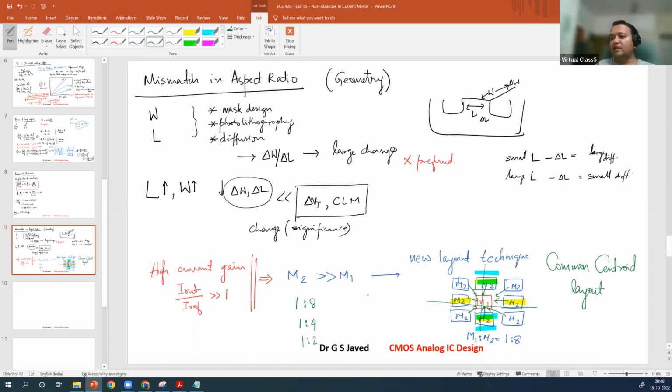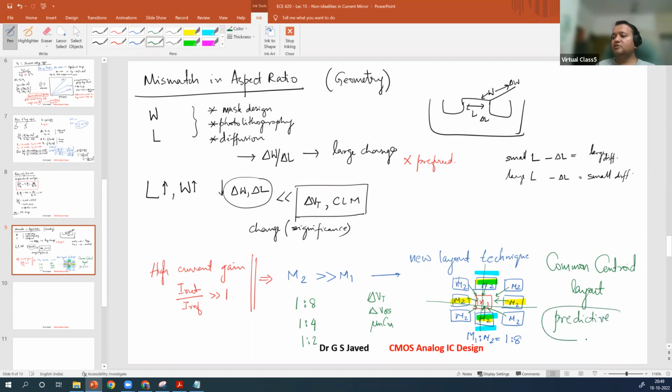And the delta VT, delta VGS change, or your mu Cox change will be identical. The delta will be the same. So since the delta is the same, the impact will also be consistent or predictive. Right?